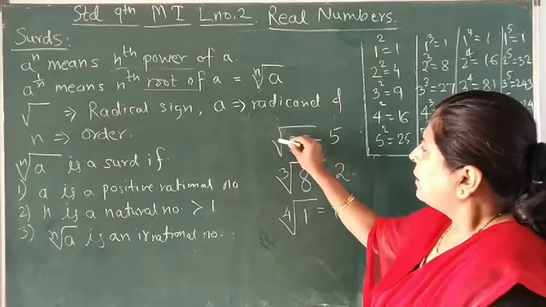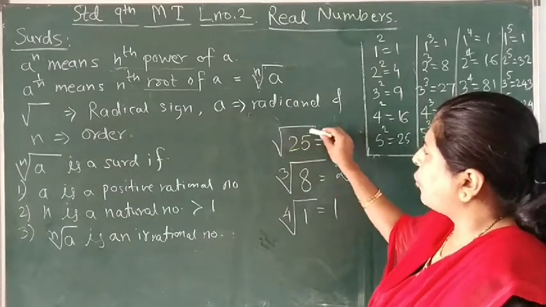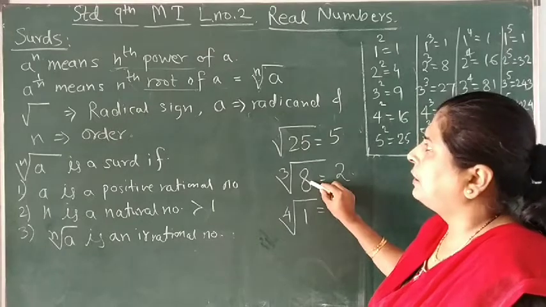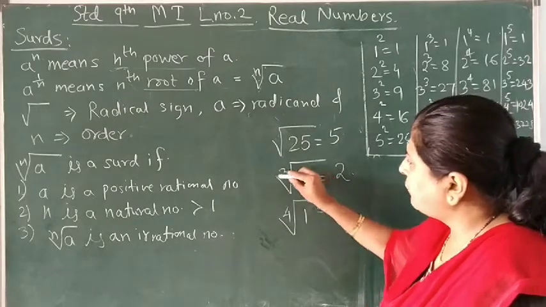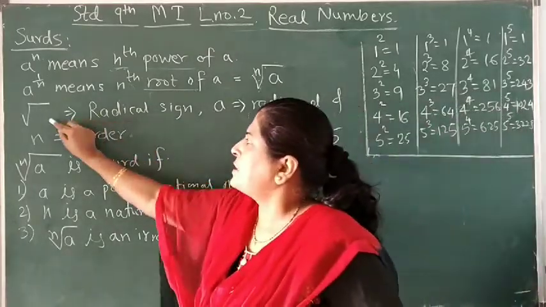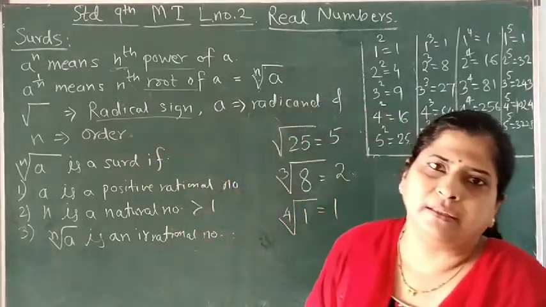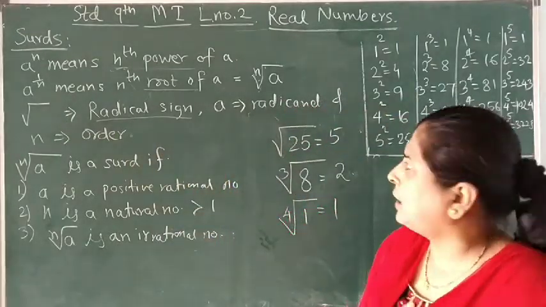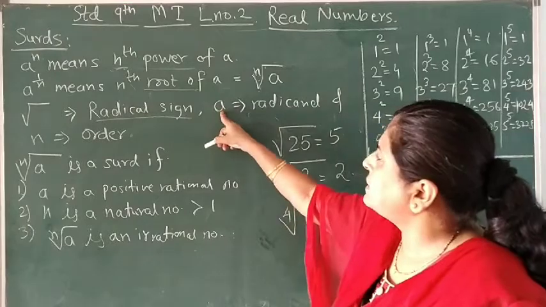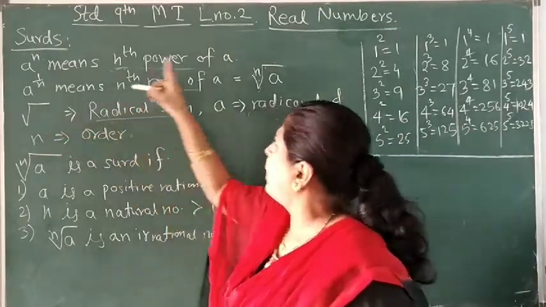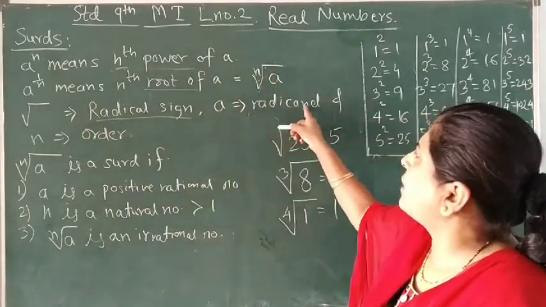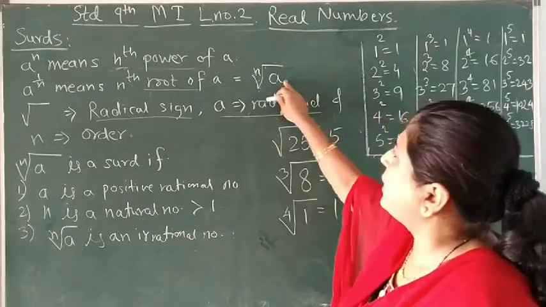Whatever we have written in this form is called the nth root of a certain number. The symbol we have drawn is called a radical sign. Inside that radical sign, whatever we write, that is called the radicand. A is the radicand.